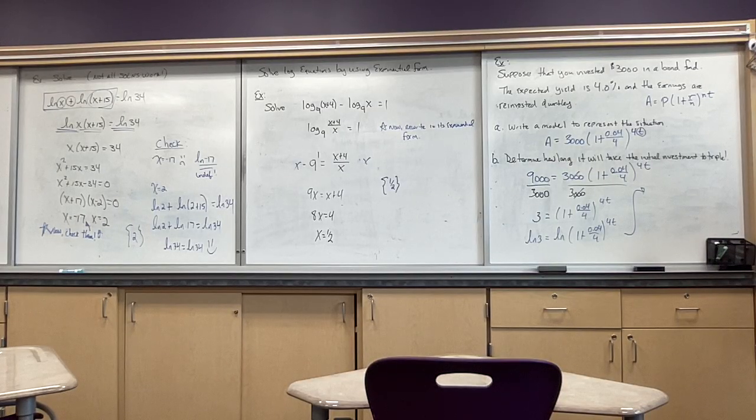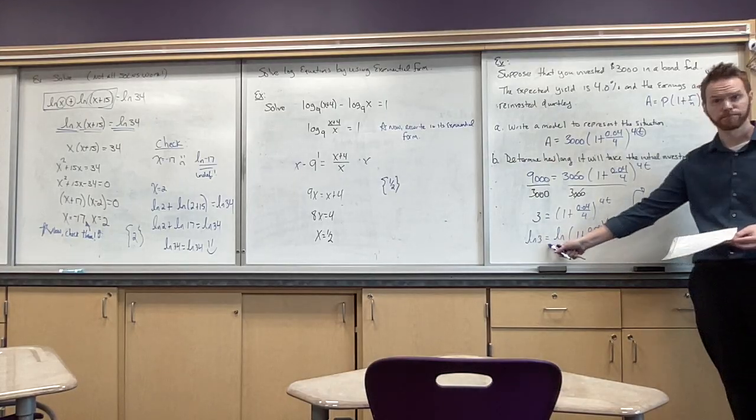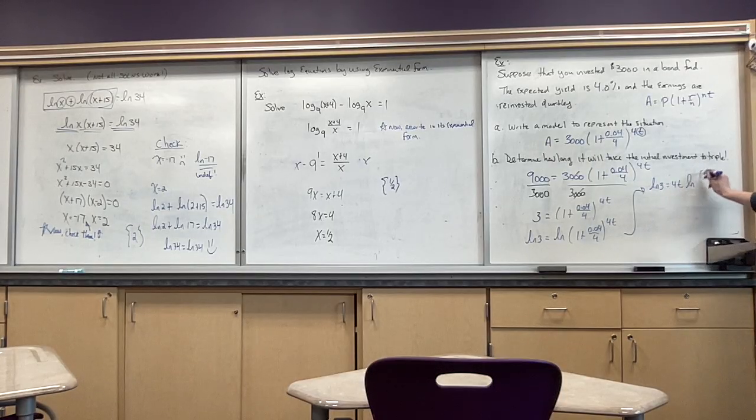Maybe I was too naive to think I could fit this all on this board, but we'll see. I'm going to try. Now, looking at the right-hand side, because this is raised to a power, that's equivalent to me writing this out in front. That's that property we've used. So we have the natural log of 3 equals 4t times the natural log of everything in the parentheses here.